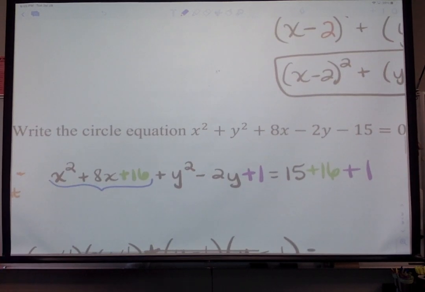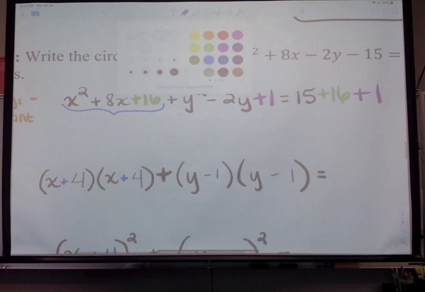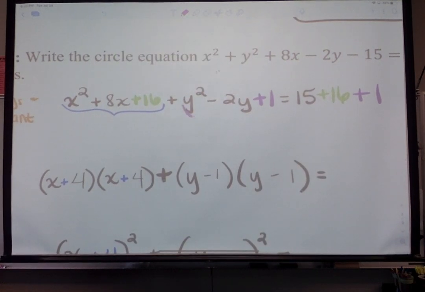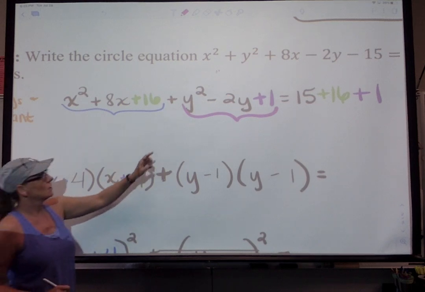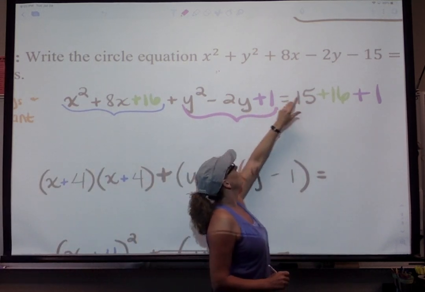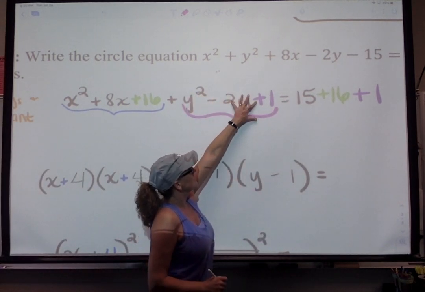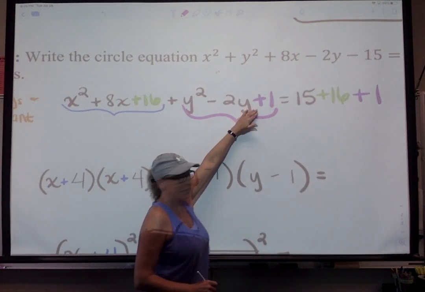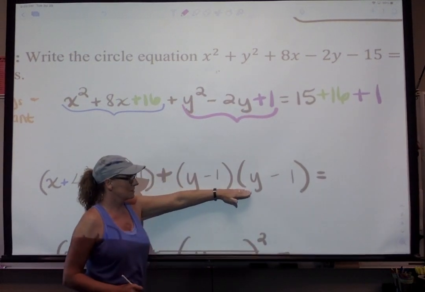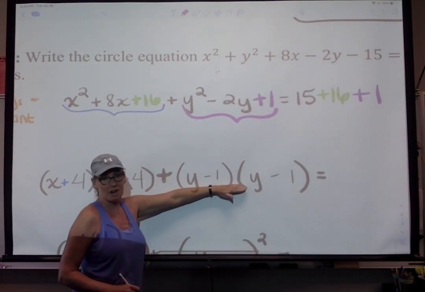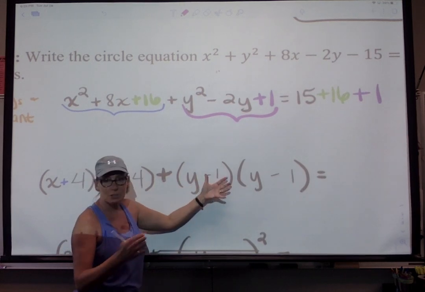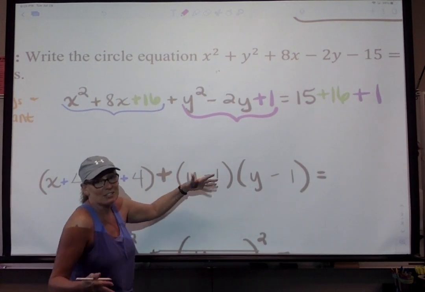Y's, we added 1 here, we added 1 there. I think that this trinomial can be factored into this, just a rewrite. I'm not subtracting 1 or anything, I'm just factoring it.